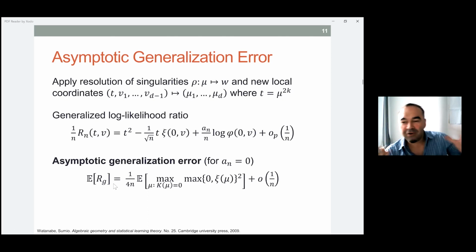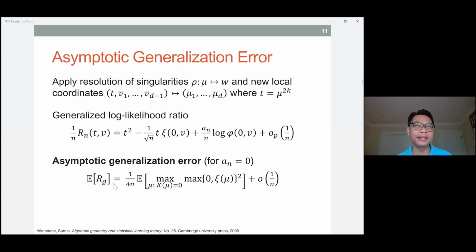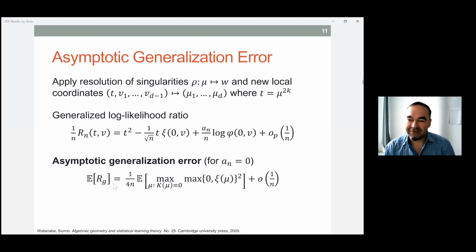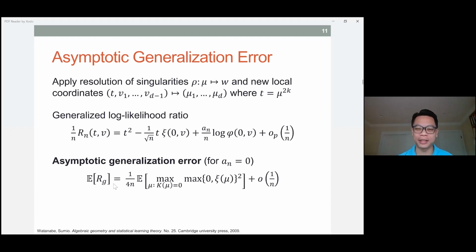Do you already have a success story in this direction, where resolution of singularities is bringing some light to people? I hope the second half of the talk will be somewhat in that direction. I'll explain a little bit more, so maybe you can hold that question for a while. I hope I can answer it at the end of the talk. That's a really good question, and I really want to get there.